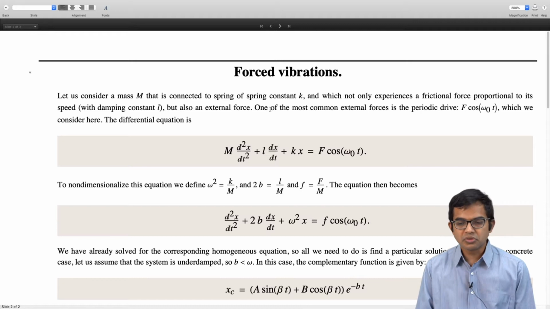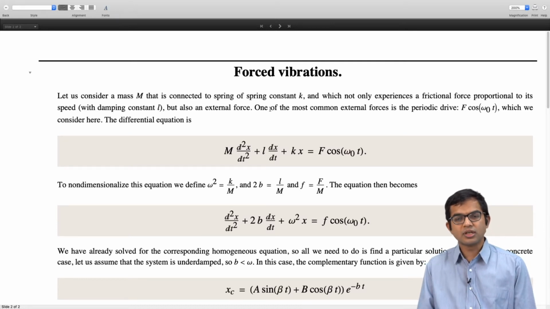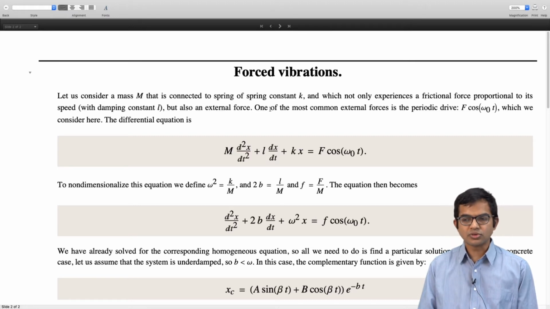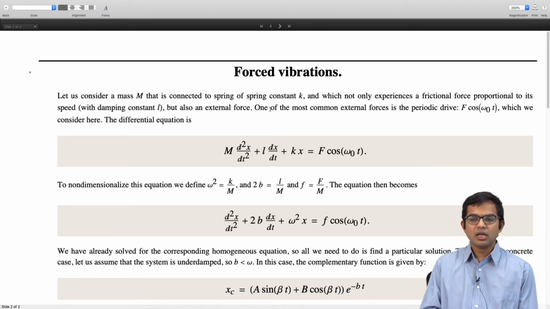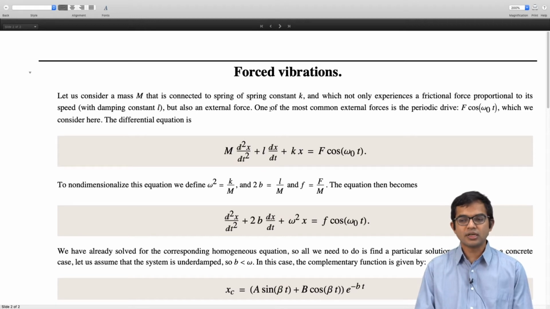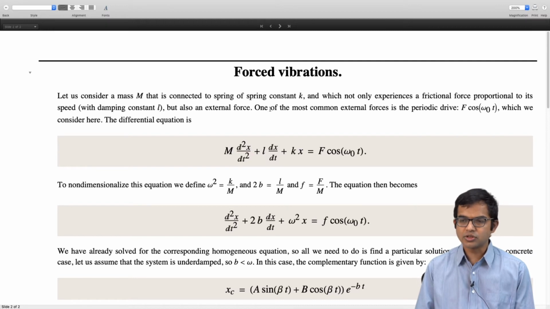The external force can be more general than what we consider here, which is F times cosine of omega naught t. But this is a very standard type of external force. So if we understand this, then it opens up our understanding to many other kinds of drives. So we look at a periodic drive with frequency omega naught and amplitude F.